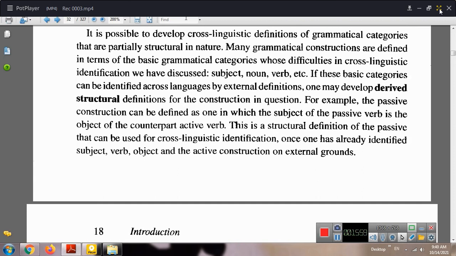It is possible to develop cross-linguistic definitions of grammatical categories that are partially structural in nature.